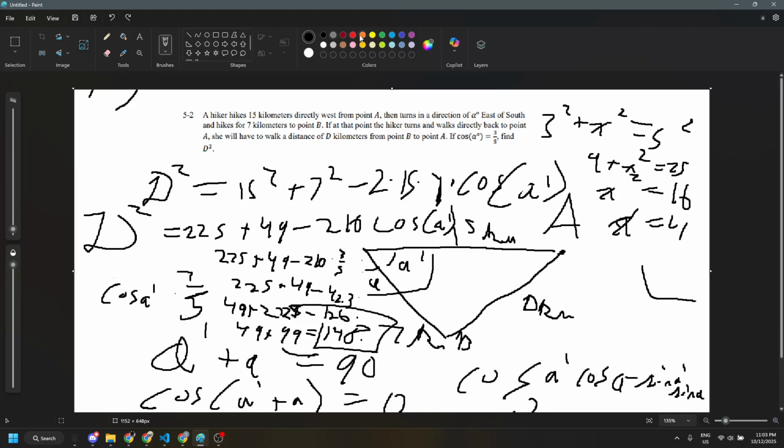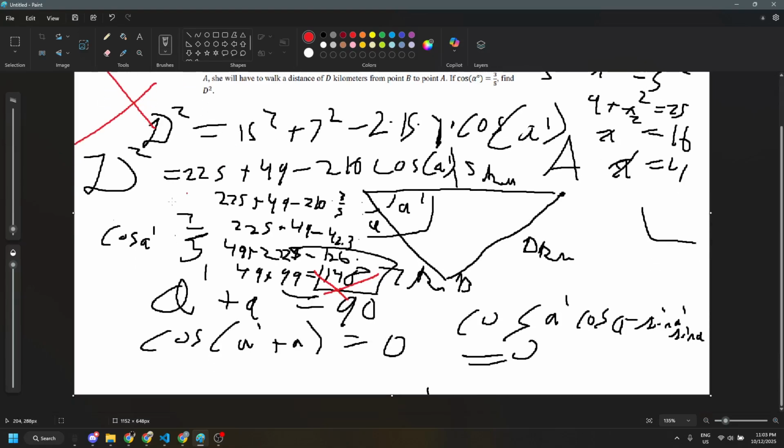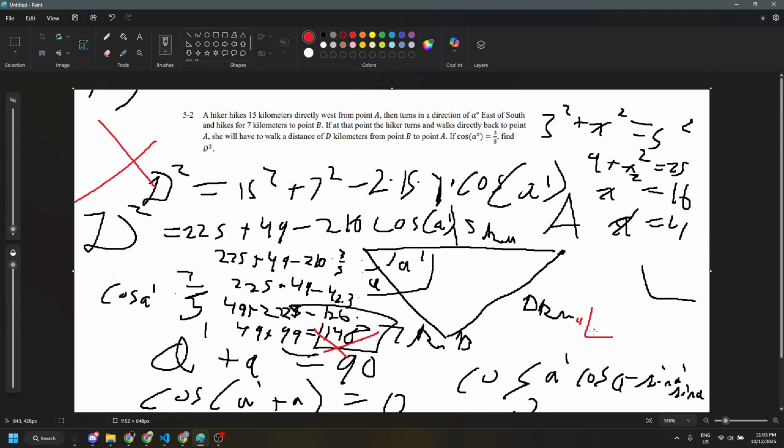Let's draw this out. I have a triangle. One side is 4, one would be 3, and one would be 5. So cosine is adjacent over hypotenuse, so 3/5, this one.